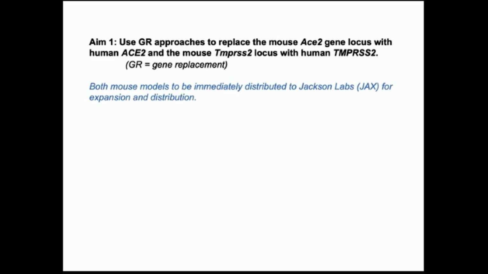The plan was that as soon as these mice were generated and initially characterized, they'd be sent for immediate distribution from Jackson Labs. And that is what we've done with the original ACE2 transgenic, gene replacement mice.